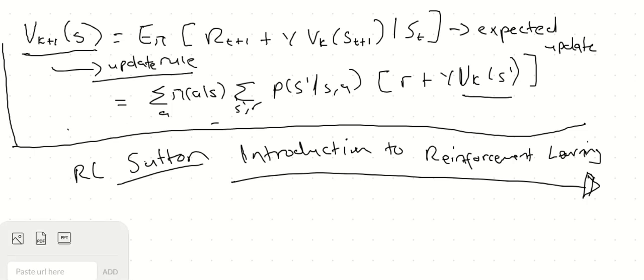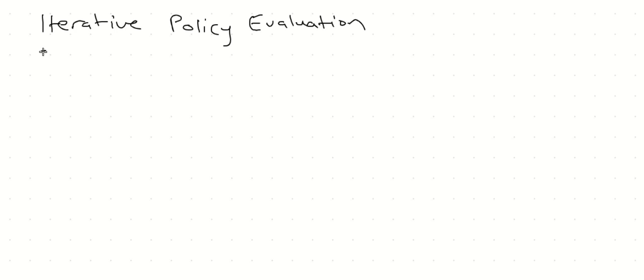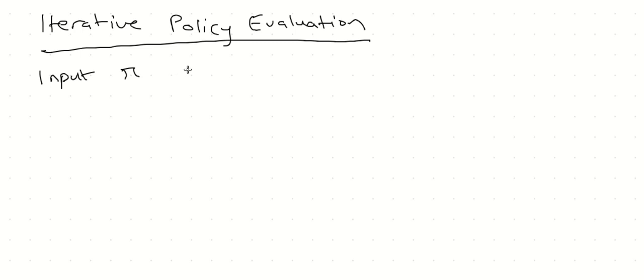So let's go through our iterative policy evaluation algorithm. This should be good for the programmers, I guess. Iterative policy evaluation, right? What was the first thing we assumed? We are actually given the policy. Someone gave us this policy and they want us to evaluate it.